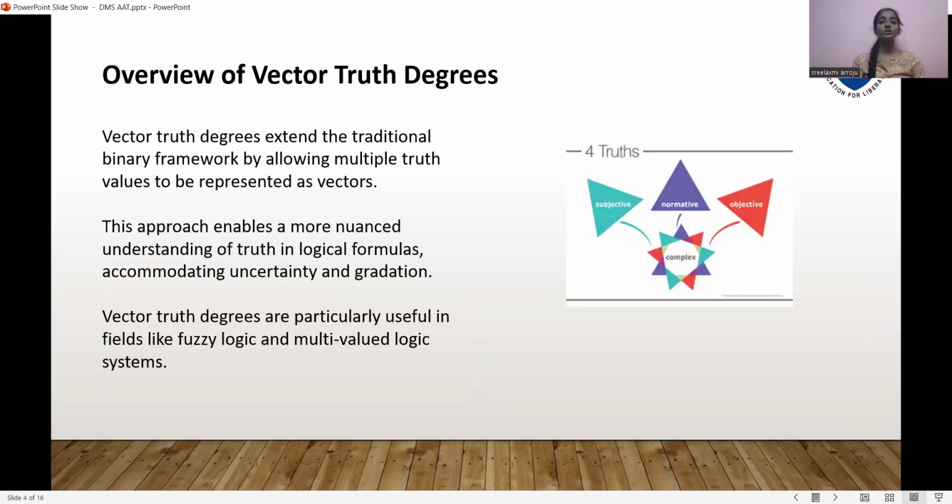Overview of vector truth degrees. Vector truth degrees extend the traditional binary framework by allowing multiple truth values to be represented as vectors.